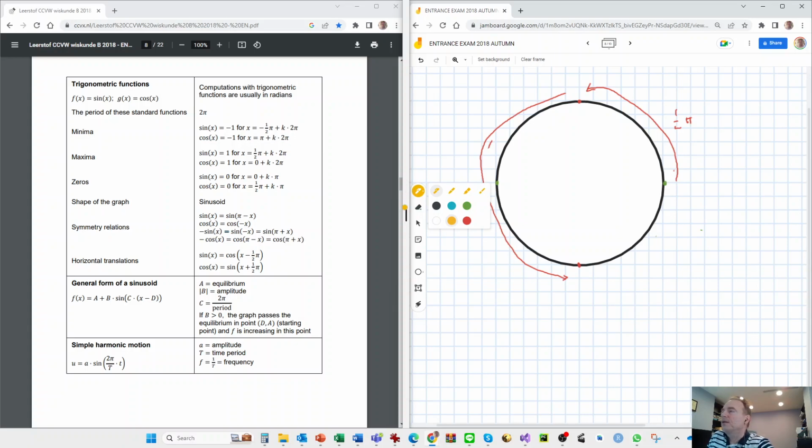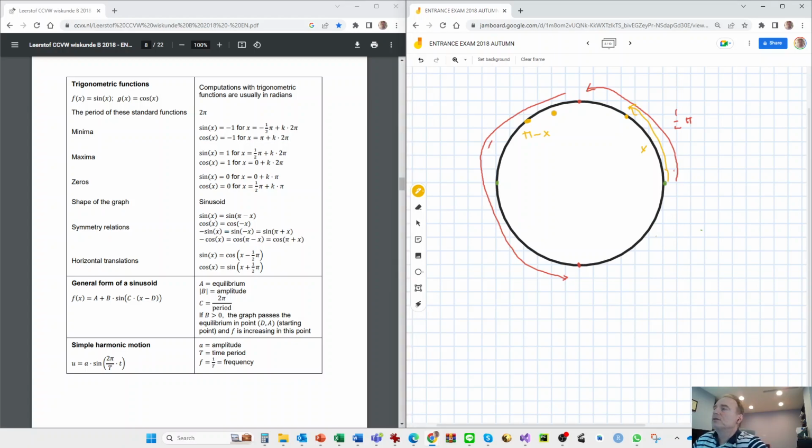So say I take a point here, say with rotation x, then actually the projection on the y-axis is the same as when I'm in this point, which is a rotation of, well, pi minus x. So this will be pi minus x. So yeah, these symmetry relations are also useful to know, or at least how you can derive them.